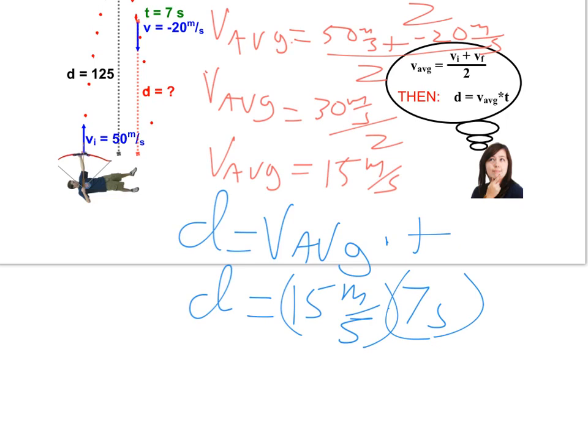If I calculate that out, 15, 30, 45, 60, 75, 90, that is 105 meters. So it's less high above the ground than it was at 5 seconds because at 7 seconds the arrow is on its way down.